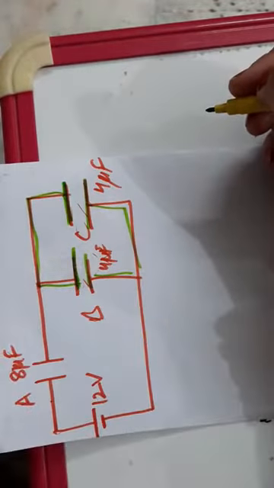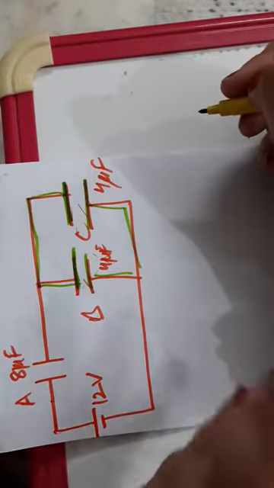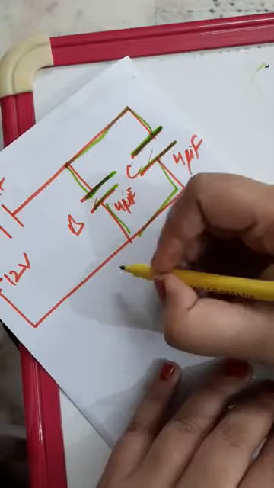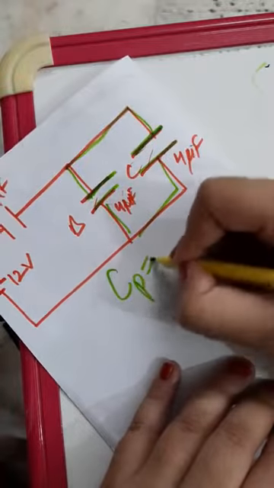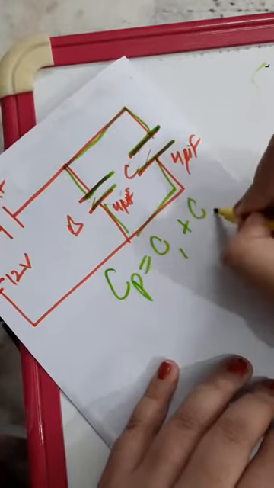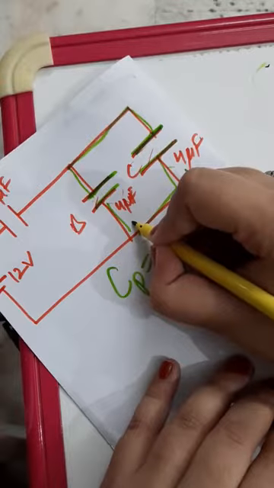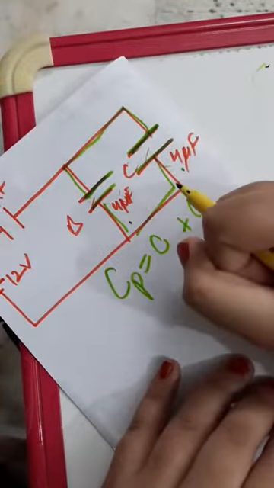So don't you think that B and C capacitors are connected in a parallel combination? Of course, yes. So if they are connected in a parallel combination, what was the expression for that? It was C1 plus C2. So it would be 4 microfarads plus 4 microfarads. It would be 8 microfarads.